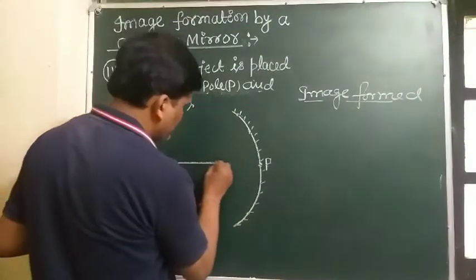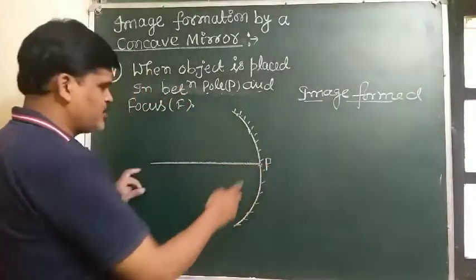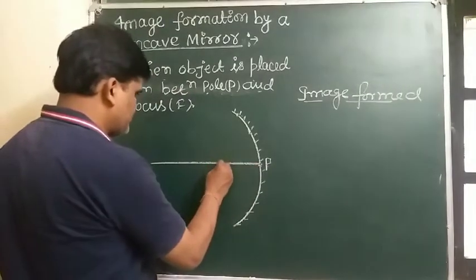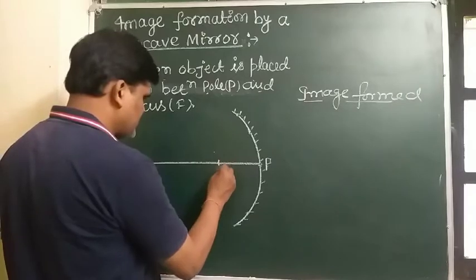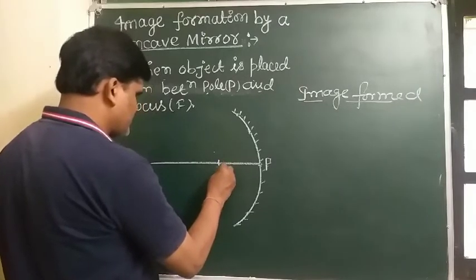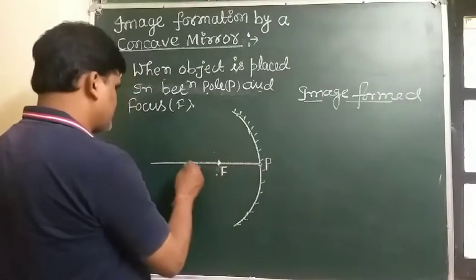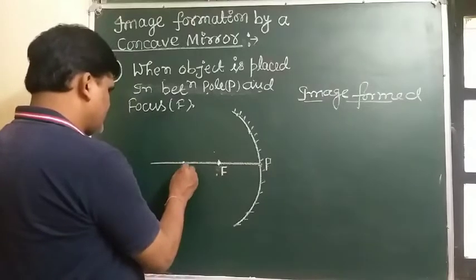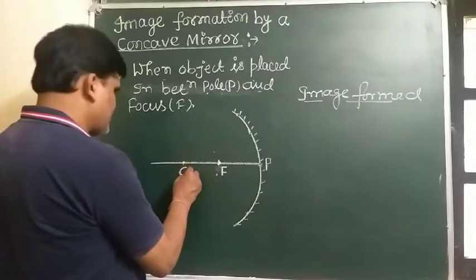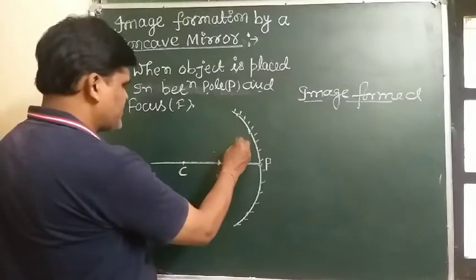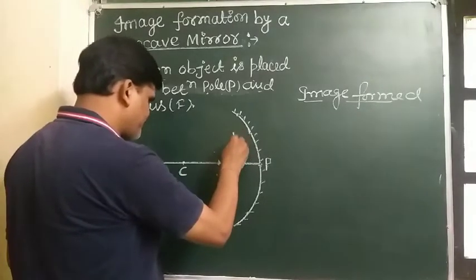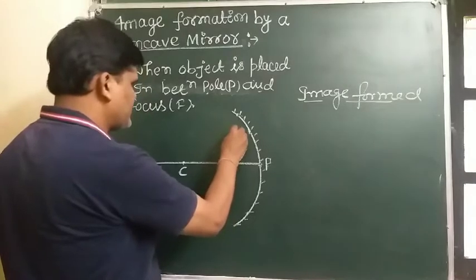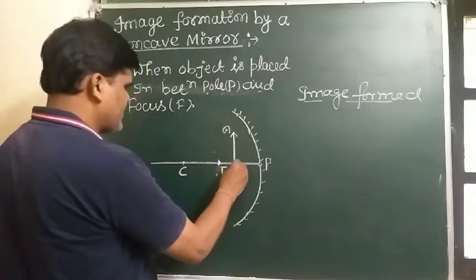This is the principal axis, you know that. This is the focus point of a concave mirror, and this is the center of curvature C. The object AB is placed between the pole and focus.